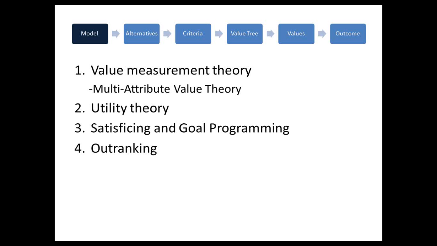In healthcare, value measurement models are the most used applications of MCDA. However, in theory, satisficing and outranking models could also be applicable to the same problems. However, because it's most widely used, we will focus on value measurement models for the rest of the lecture.